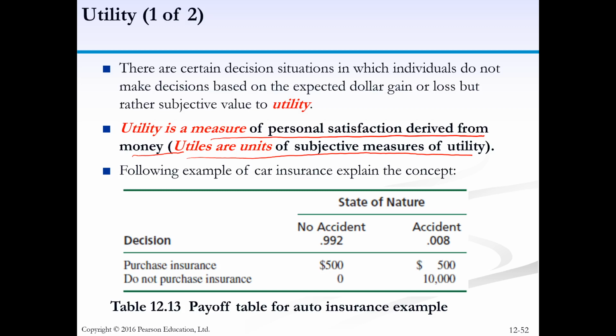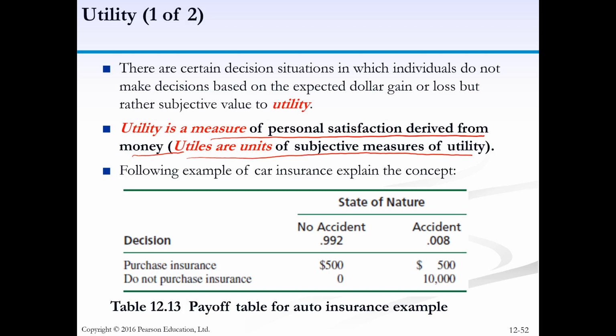However, if a person is earning, let's say, 2,000 reals per month, and he's asked that you have to work for 1 week under the sun and we will give you 2,000 real, he might not take that job. So it is very subjective. The utility is a measure of personal satisfaction derived from money, and it depends from one person to another person, so it is very subjective.